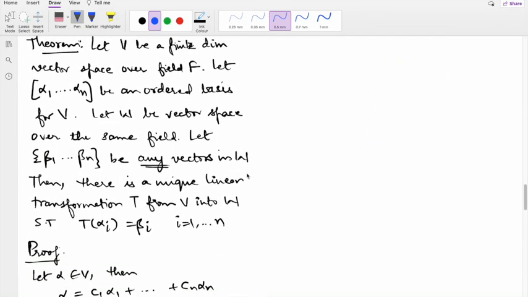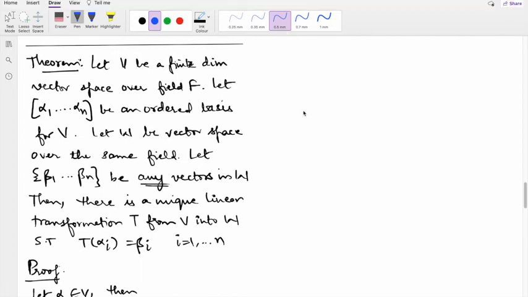Okay. Now we'll prove one simple theorem, but very powerful in some sense, because this in some sense defines how to move from one vector space to another vector space.